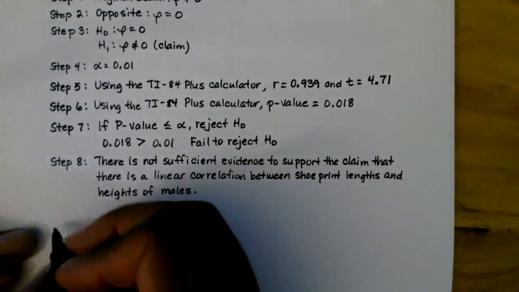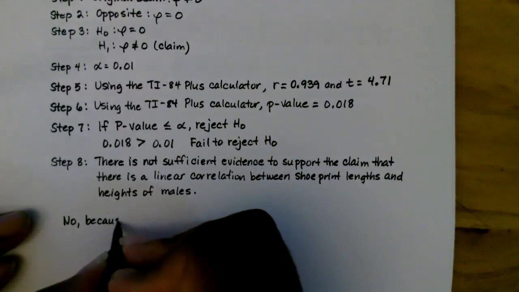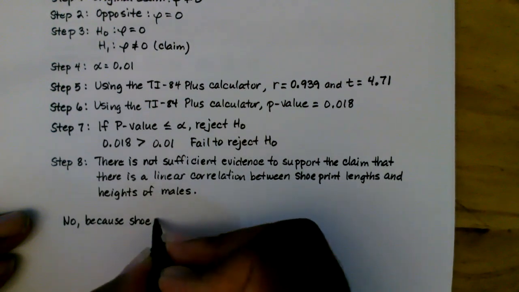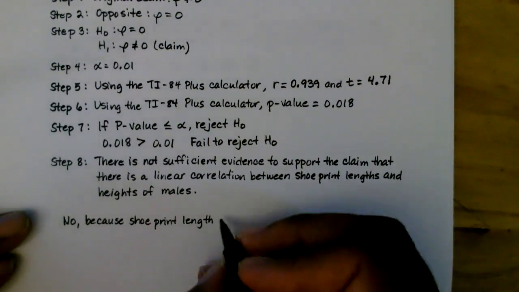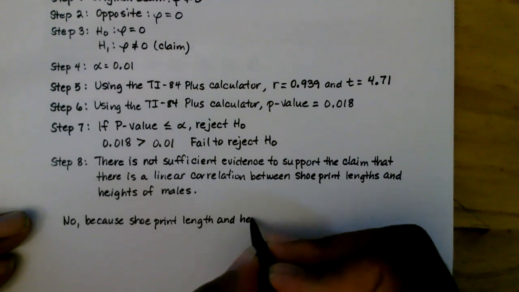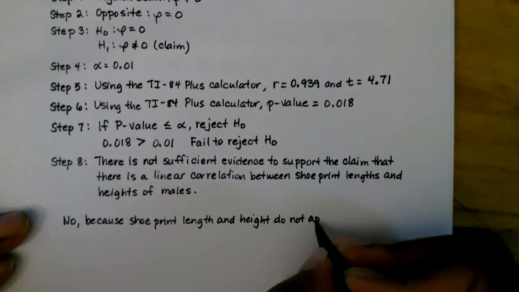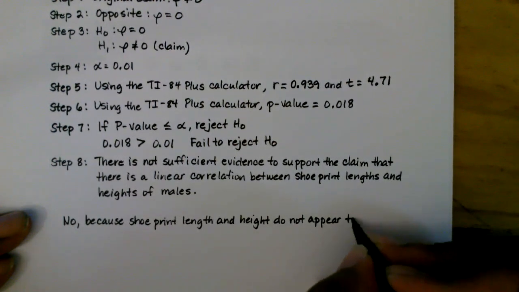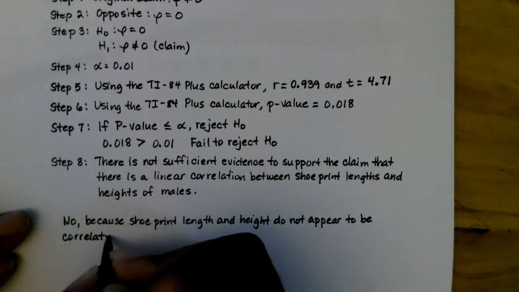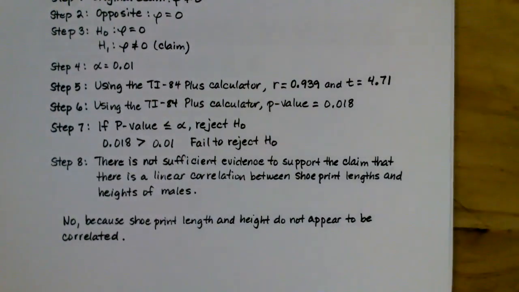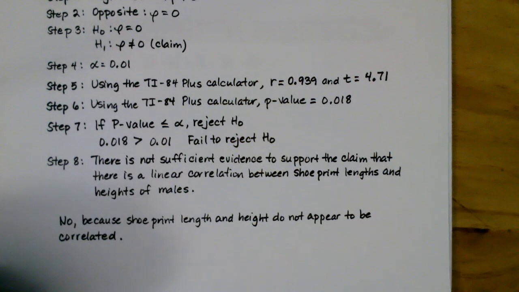And the answer there will have to be no. And that's because, of course, shoe print length and height do not appear to be correlated. They do not appear to be correlated.